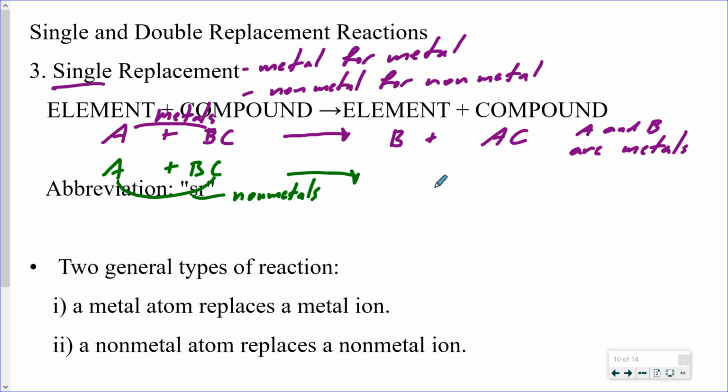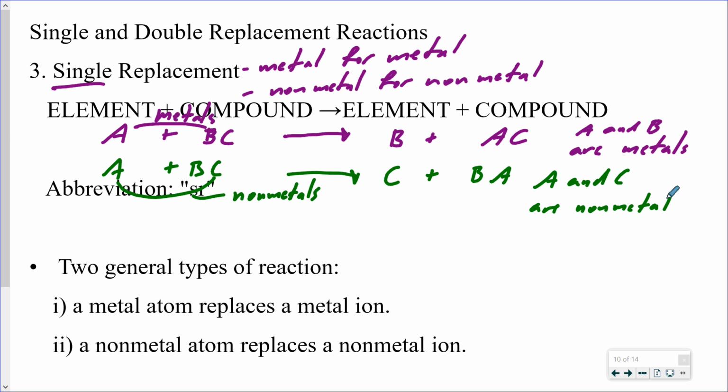So now what we're going to get is C on its own and B and A together. But B is the metal, right? So we need to write that first, B and then A. And here we have A and C are nonmetals.